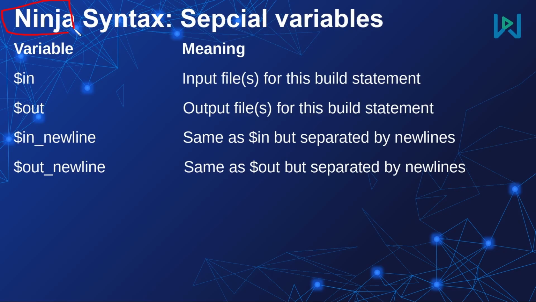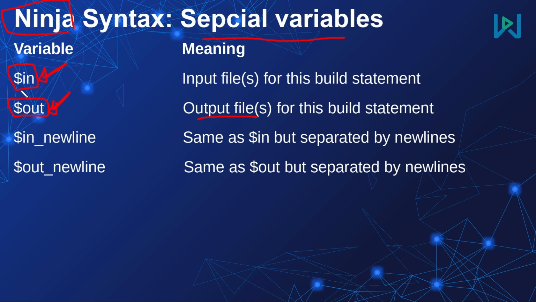The Ninja build tool does support special built-in variables. Here, with this $in, we can expand the list of the input files to be specified within our Ninja rule. Similar to the input files, we can expand the list of the expected output files within our Ninja rule.